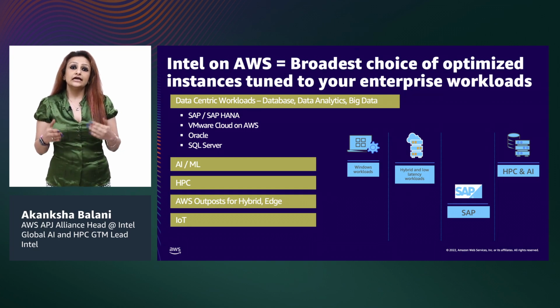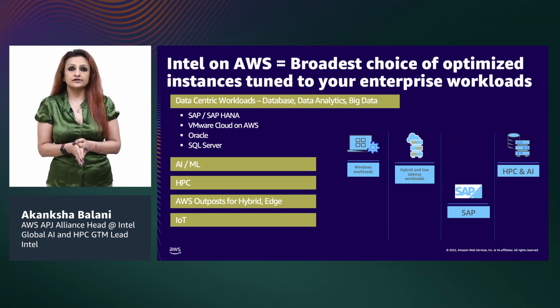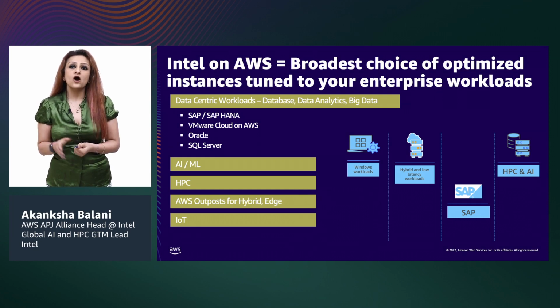In addition to just the data-centric workloads, you also saw me talk about the Habana Gaudi processors on machine learning and AI that will provide you a 40% better price as well as performance on existing GPU training instances on AWS today.